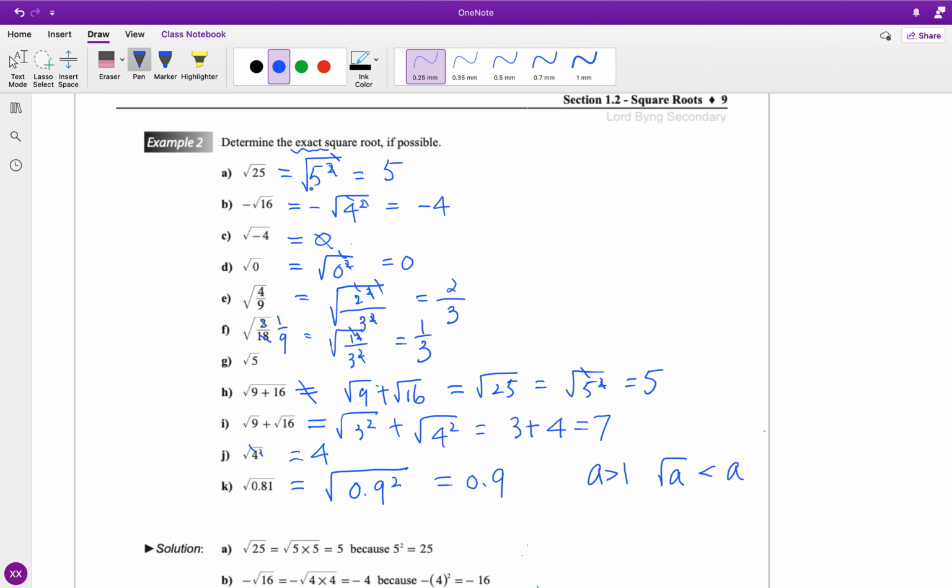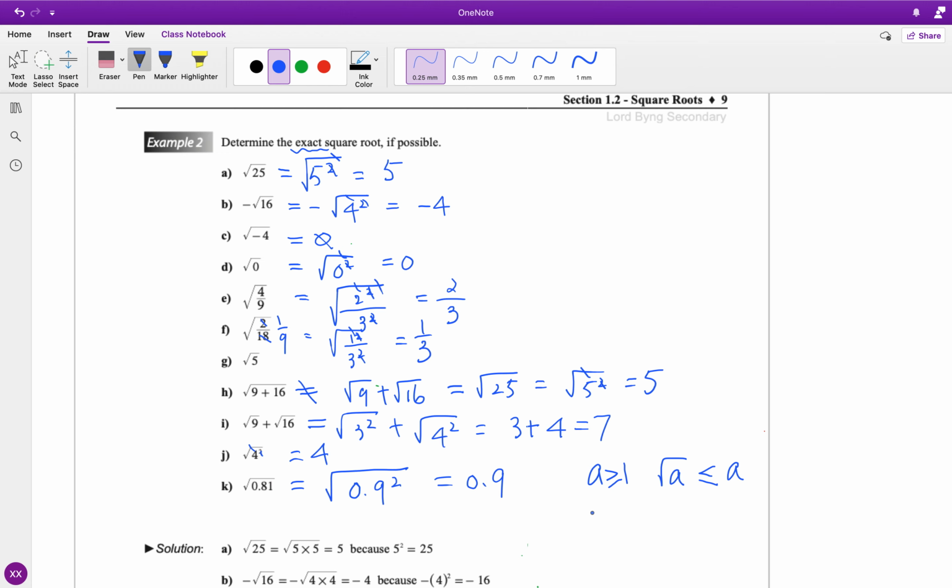Because the root of 25 gave you 5, so the root of 25 is definitely smaller than 25. So this should be larger than or equal to, and this should be equal to.